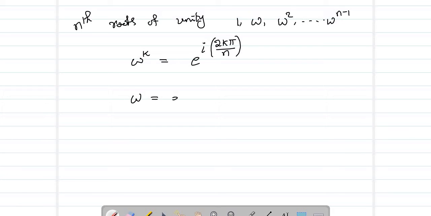So omega is e power i 2 pi by n. So these are what we call nth roots of unity, and we are going to denote them with omega. And when you look at the geometric properties of these roots, they are going to lie on a unit circle.